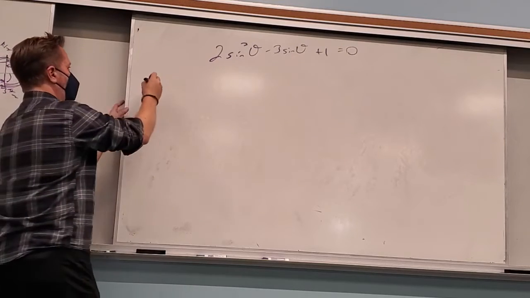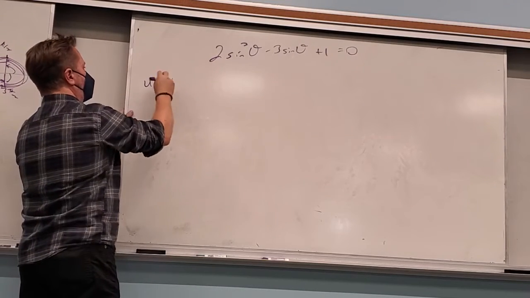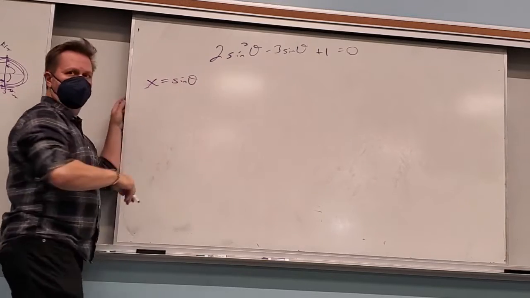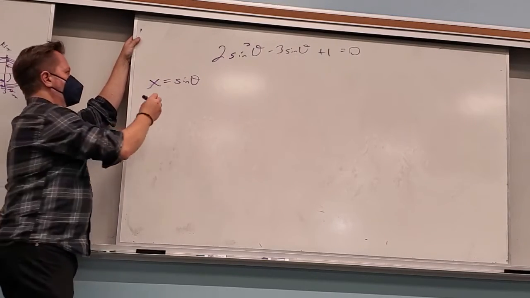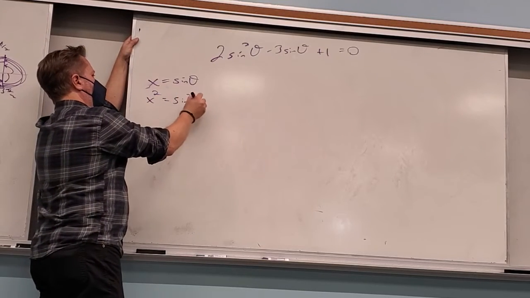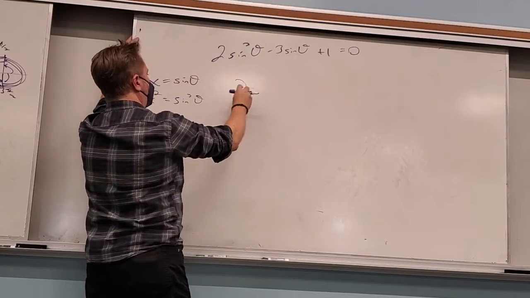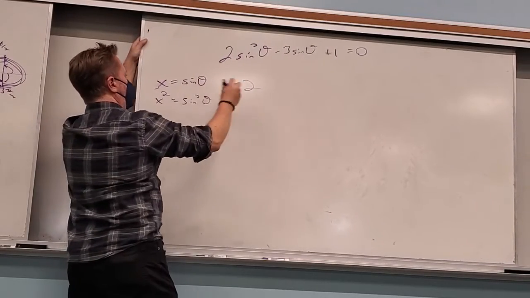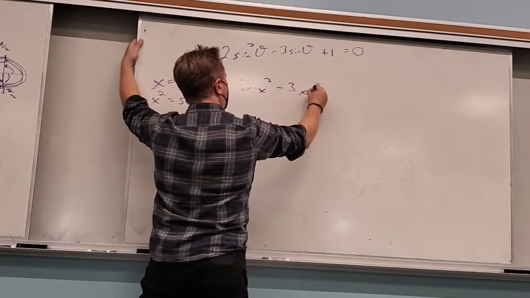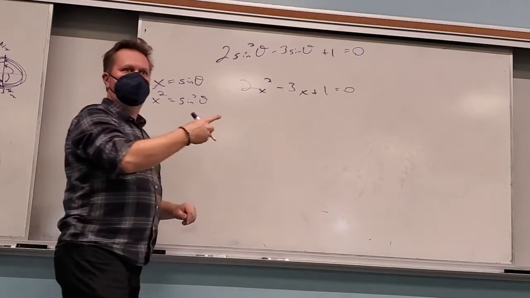So if I don't know what sine theta is, let's call it x. You guys with me? I don't know what it is. So what's x squared? Sine squared. So how can I rewrite this now? 2 x squared minus 3 x plus 1 equals 0, how do you solve that?